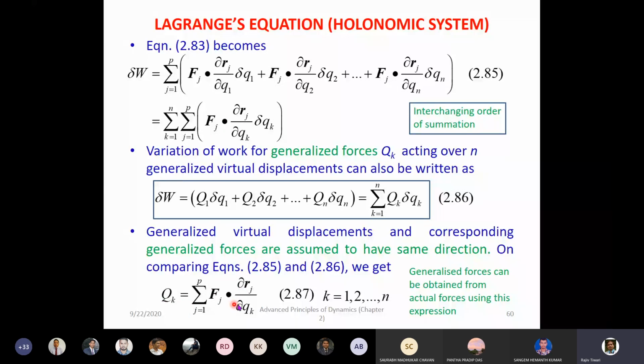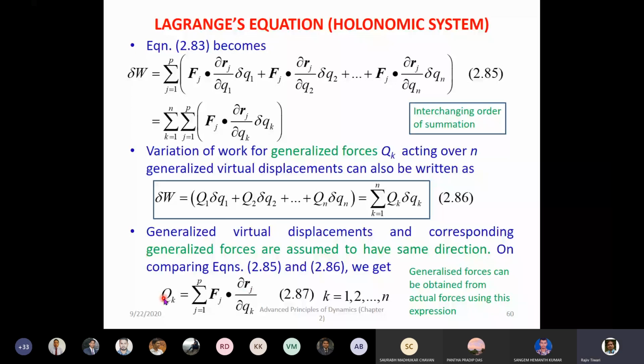Now we can relate how the generalized force is related to the actual forces, which are p in number, while generalized forces are n in number. So k is from 1 to n. Once we have the forces in the system, this equation can be used to obtain the generalized force. So this is a very important expression.